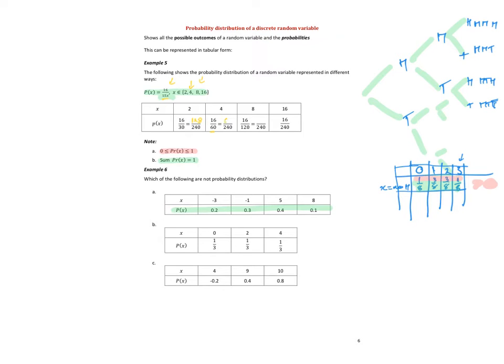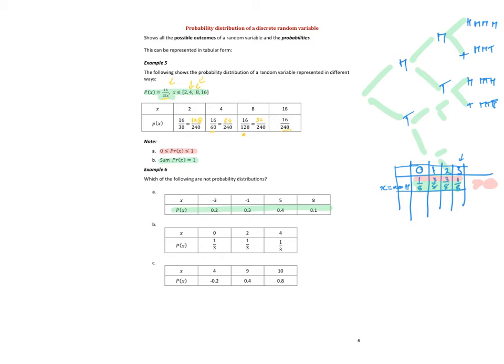Multiply by 4, I get 64 on 240. If I put x equal to 8, 8 15s are 120, and that's the same as 32 on 240. Finally, if I put x equal to 16, 15 16s are 240, I just get 16 on 240.